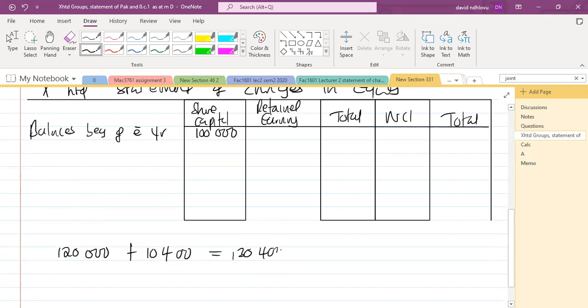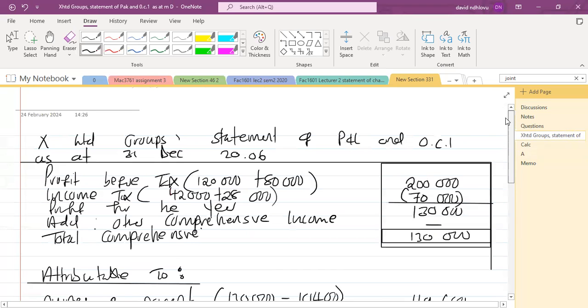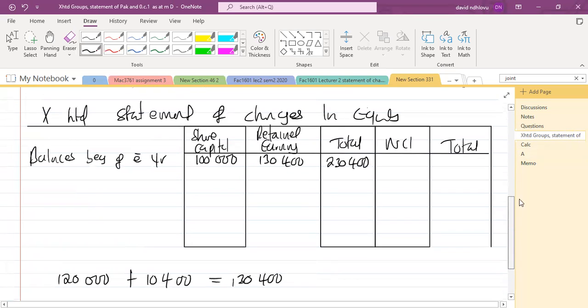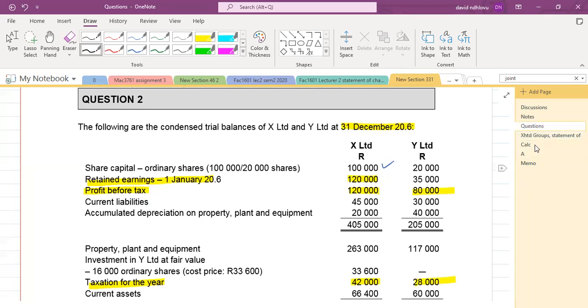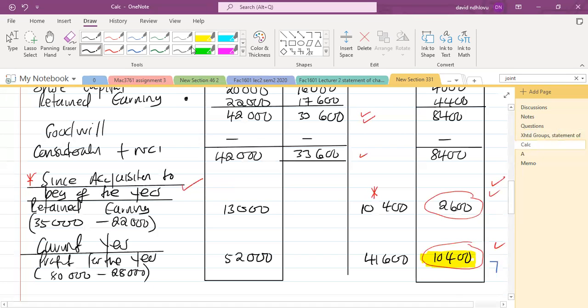Right, good people, are we still together? So we get 230,400. Right, we are saying what is the value of NCI at the beginning of the year? At the beginning of the year, we then say for NCI, we've already calculated here. At the beginning of the year, NCI had a value of how much?